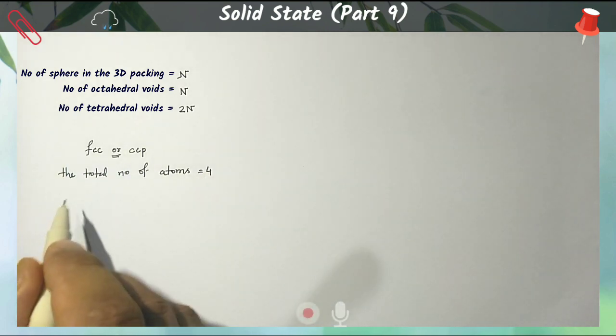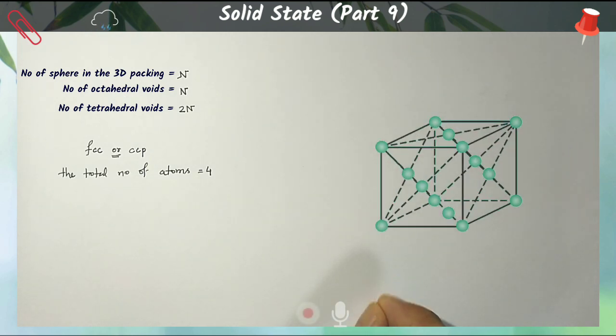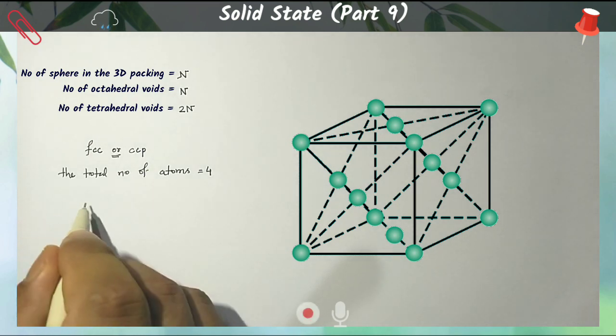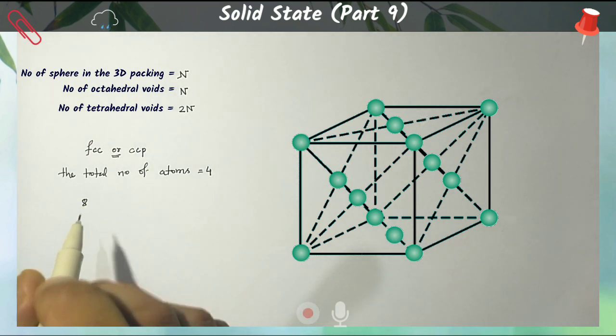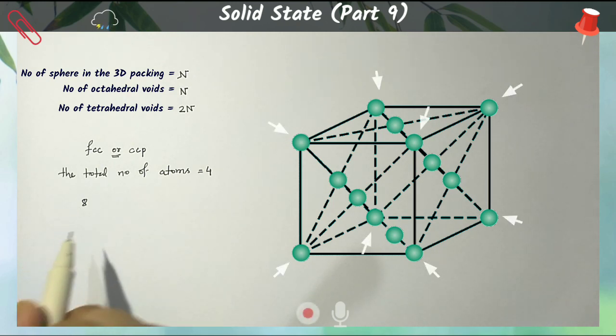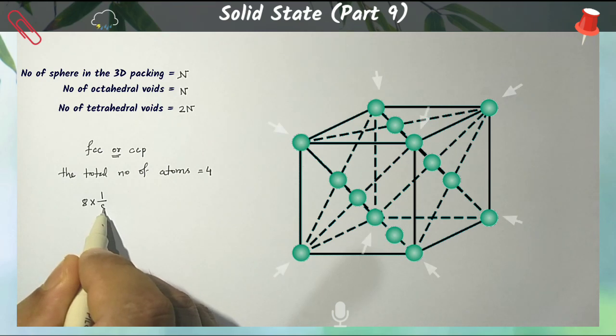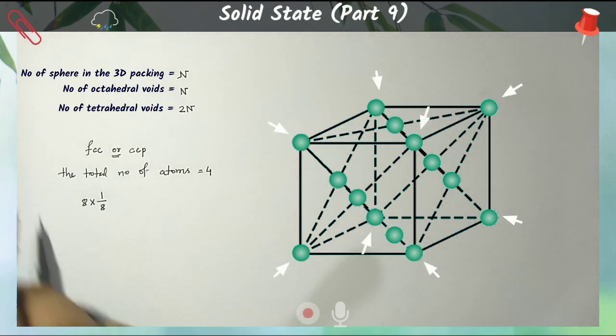Because we already know how many atoms will be present at the corners of the FCC unit cell. Total 8 corners are there, so 8 atoms will be present at the corners, and each atom will contribute 1 by 8 to that unit cell.